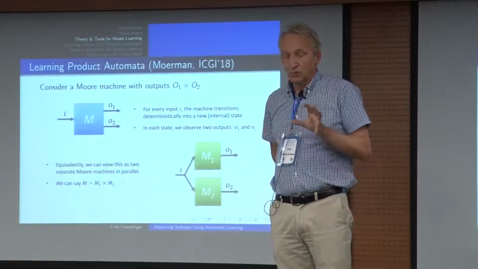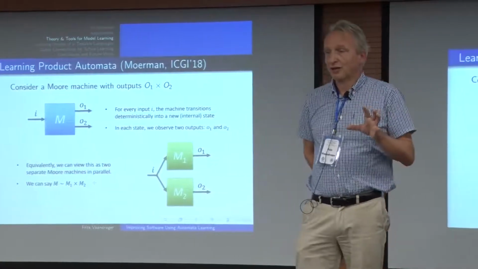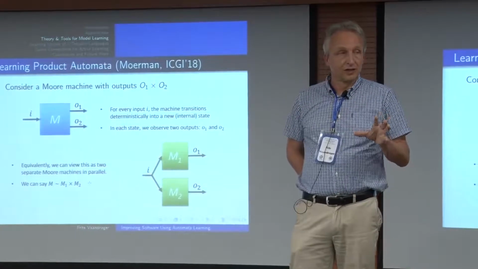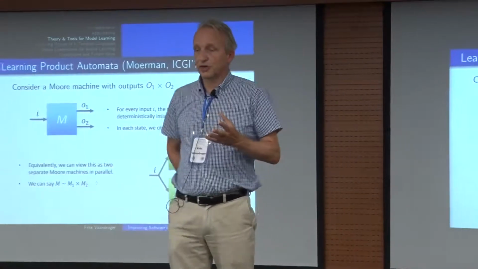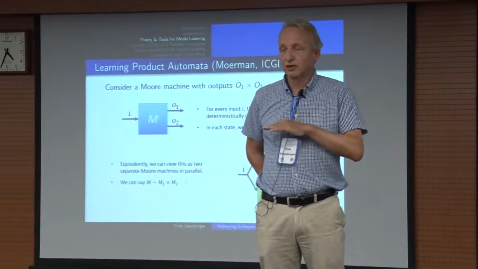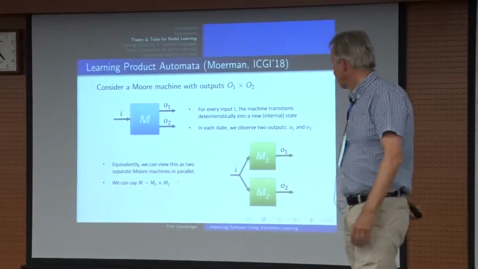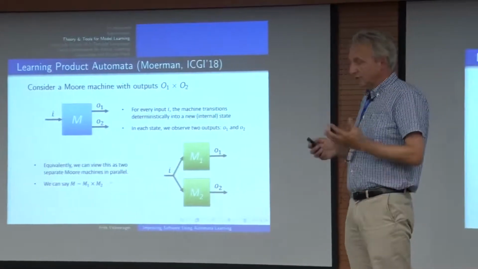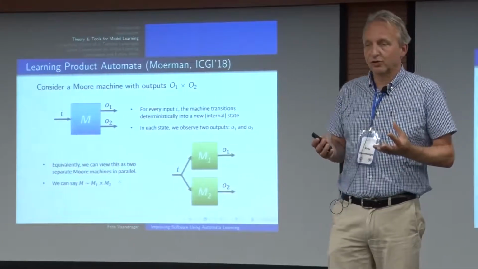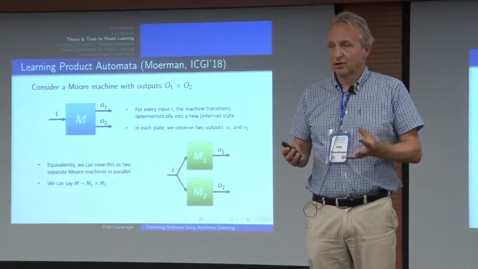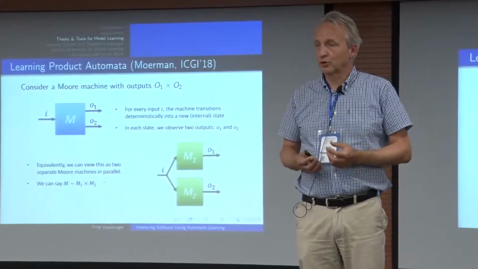But a key problem often is the size of the state machines. State machines of up to a few thousand states we can learn, but if it gets bigger, we are out of business. So one of the things you can try to do is to exploit the structure that is present in the system that you want to learn.